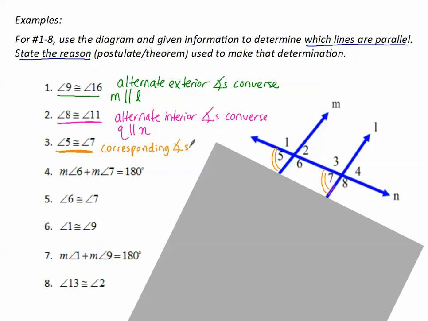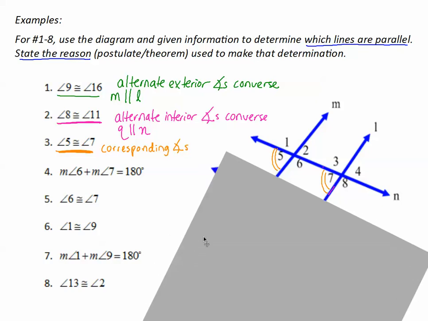Corresponding angles are supposed to be congruent when the lines are parallel. That's according to the corresponding angles postulate. Therefore, if they tell me the angles are congruent, then I can say I have parallel lines.